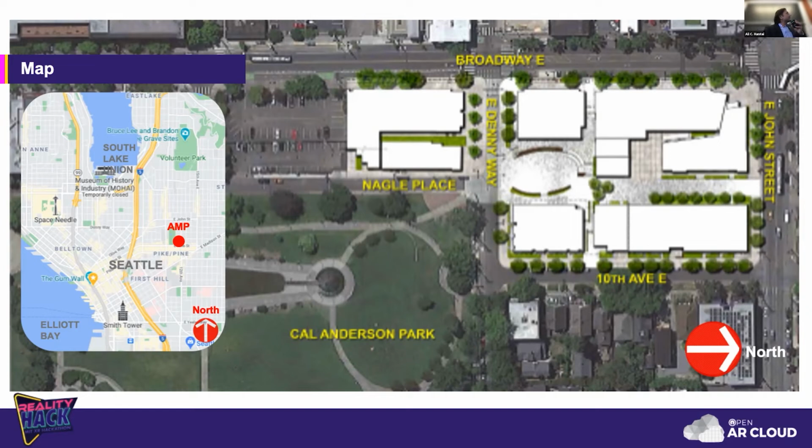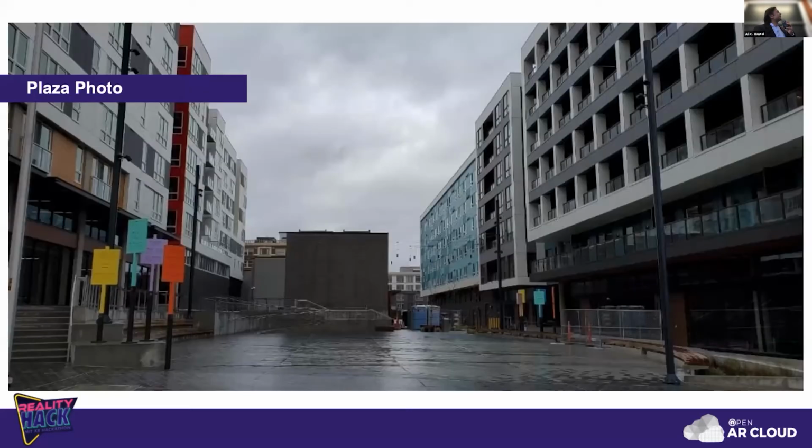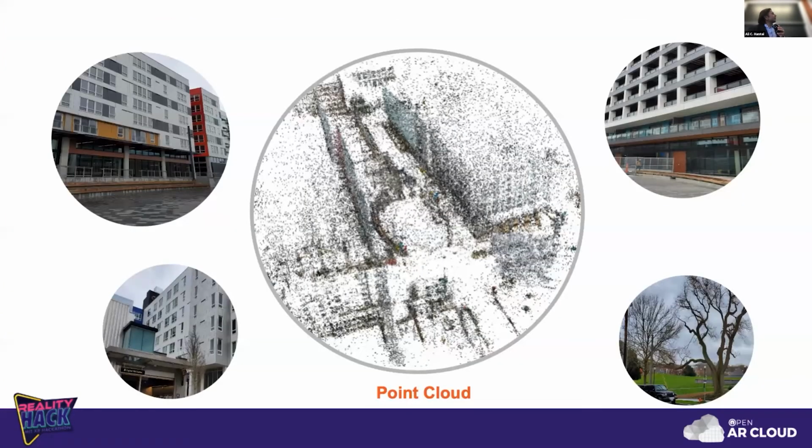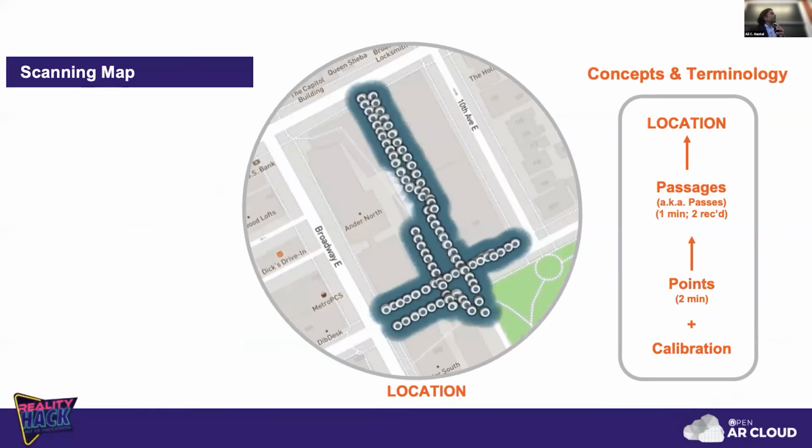There's a great memorial parkway there for it. Just talking about scanning now, here's where we scanned. This is a good area to scan because it is all surrounded by buildings, which helps the AI understand the environment and differentiate between one another. And this is how many times we had to do the circular scanning.